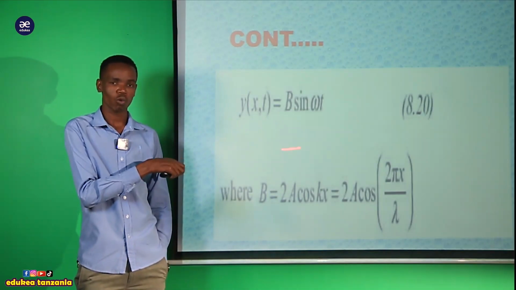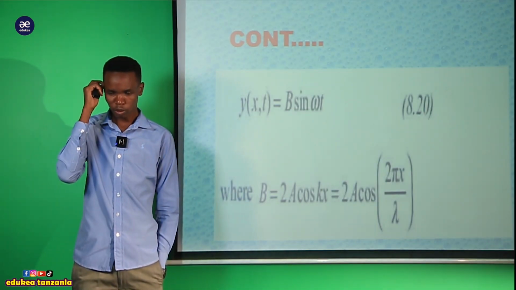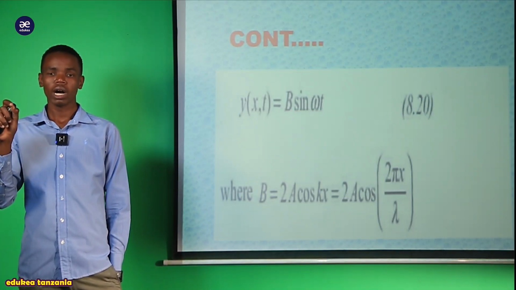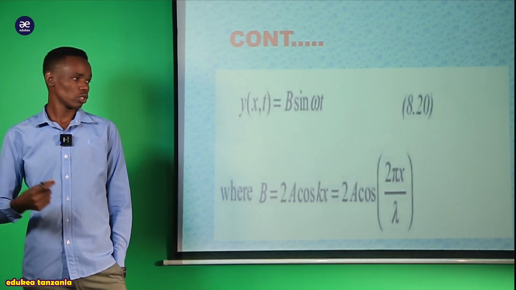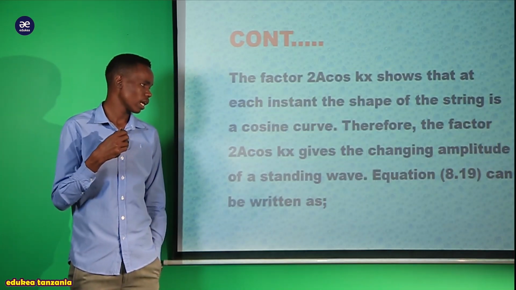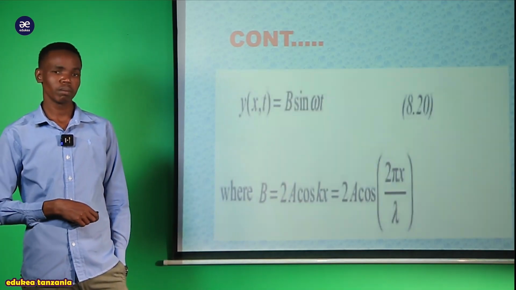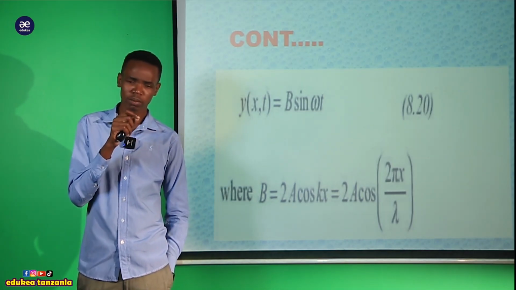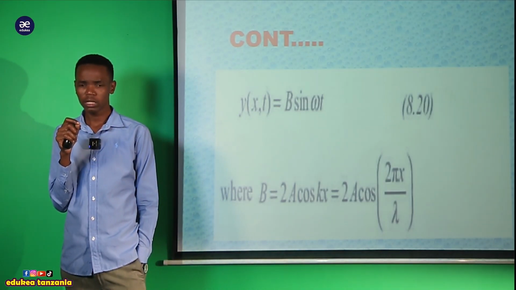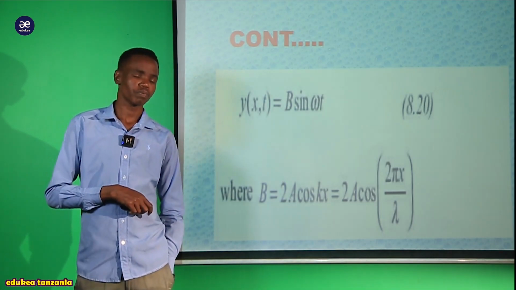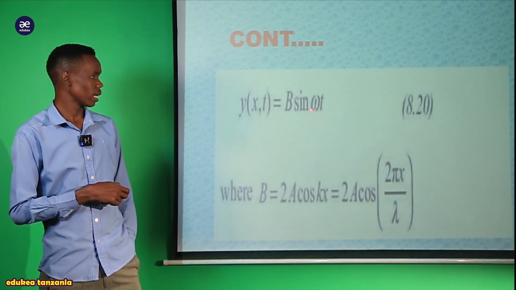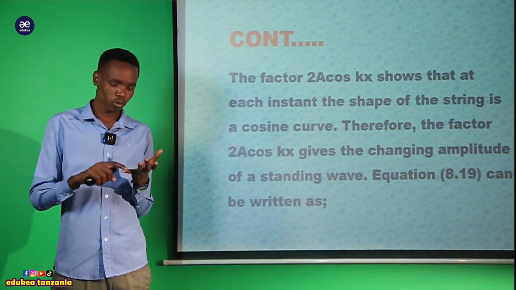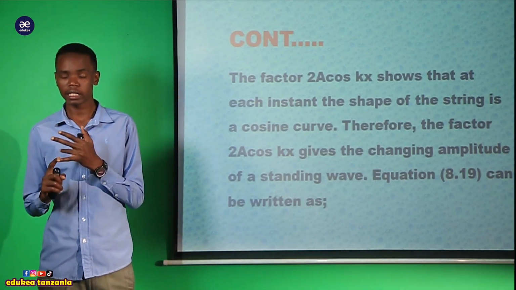So this will be our formula for getting the displacement, because that factor 2a cos kx is a cosine factor. In order to get the displacement y along the coordinate point x, t, it is equal to b sin wt, because we have assumed that 2a cos kx is equal to b.